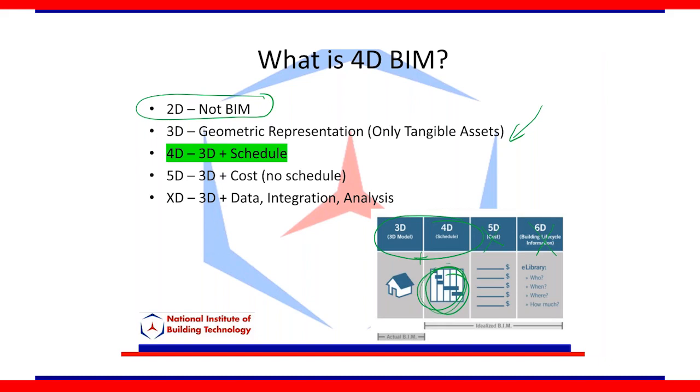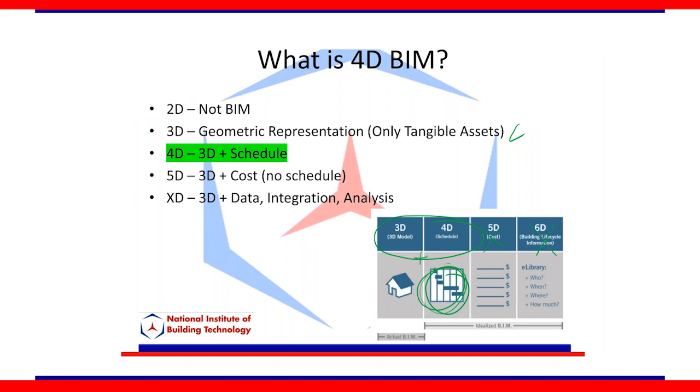A lot of 3D can be done in other software, like 3D Max, or AutoCAD itself has the capability to do 3D, but they're not BIM because they're not parametric models. I just want to make sure that I clear that point.